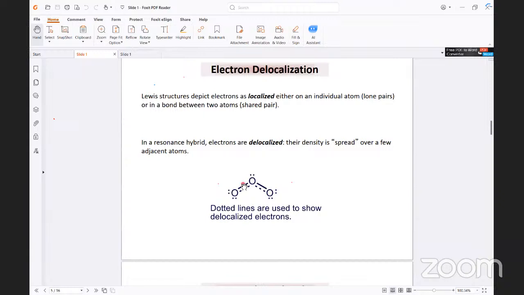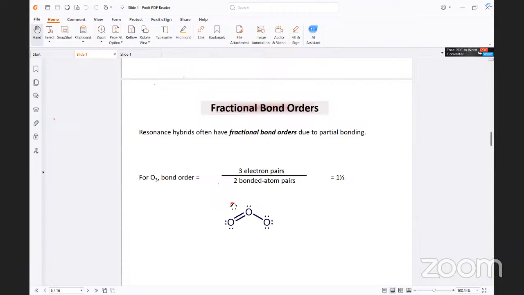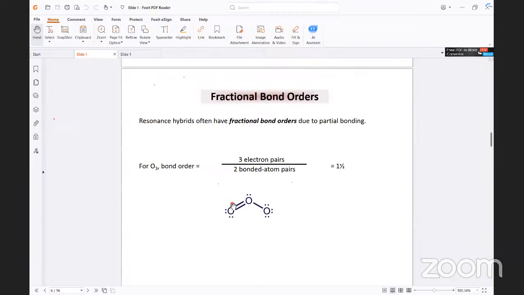In this position, the bond order is not going to be 2. Neither here will it be 2, because the bond is shared by the 3. So in this case, you have a system that is resonating, and how you know that it is resonating is that you have fractional bond order.